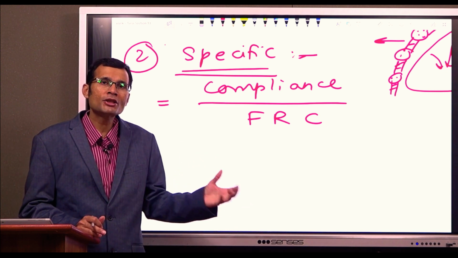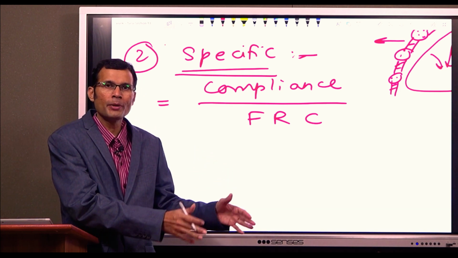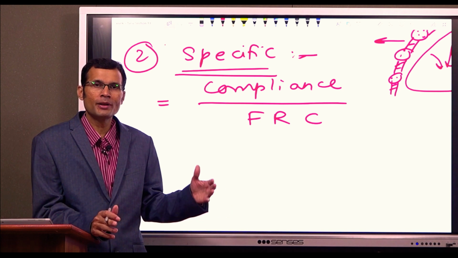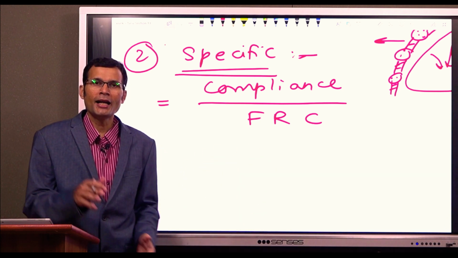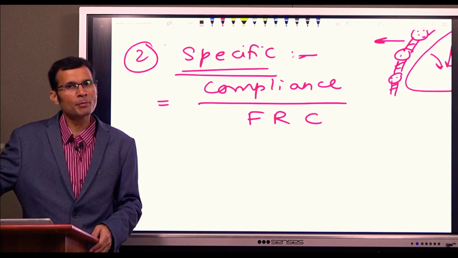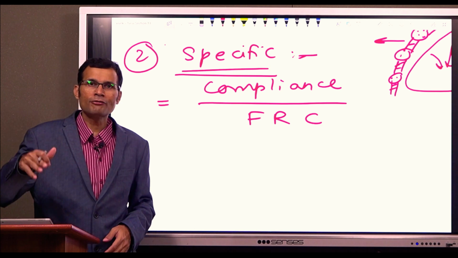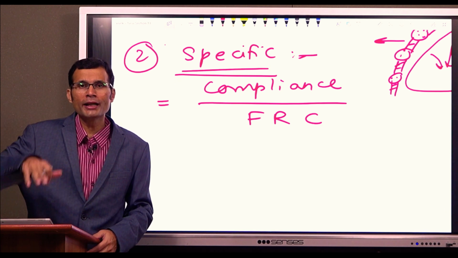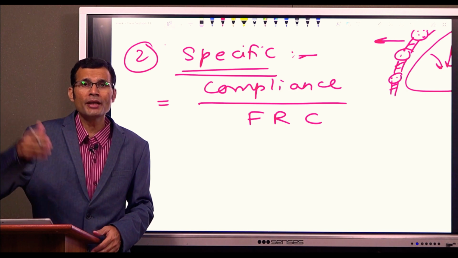It is for how much tissue mass? For a small newborn baby, that 5 liters of blood circulating throughout the body may be too much. And for an obese adult, that 5 liters is circulating through the entire body, which is a huge tissue mass. So it may be inadequate.